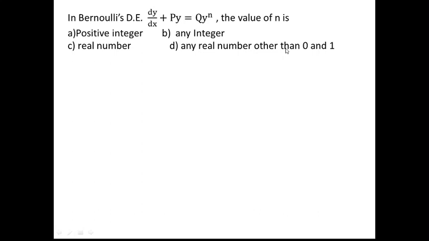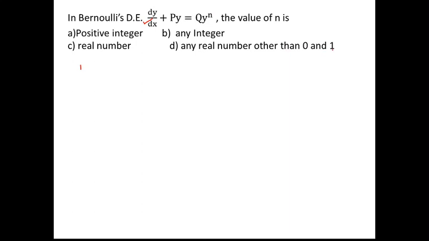So see here, while discussing the equations reducible to linear, we have seen there are two types of differential equation, out of which one is nothing but a Bernoulli differential equation, right? So in Bernoulli differential equation we have seen that if the differential equation is given by this form, then this n should be other than 0 and 1.